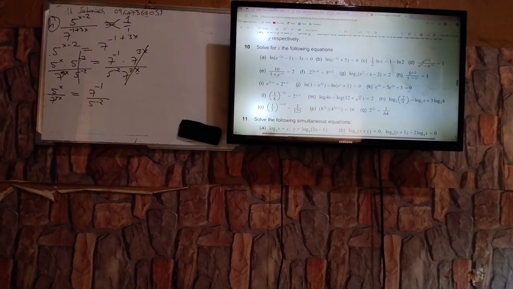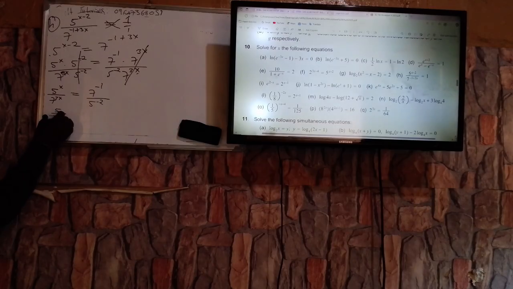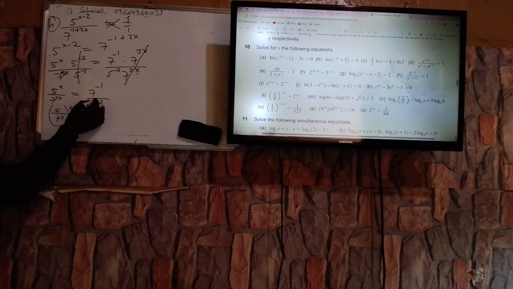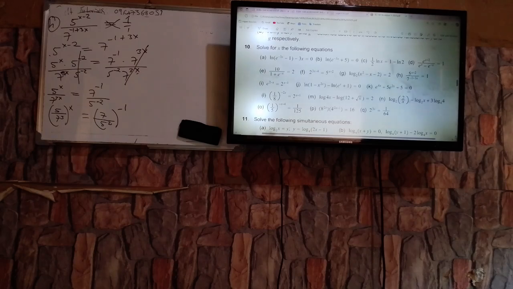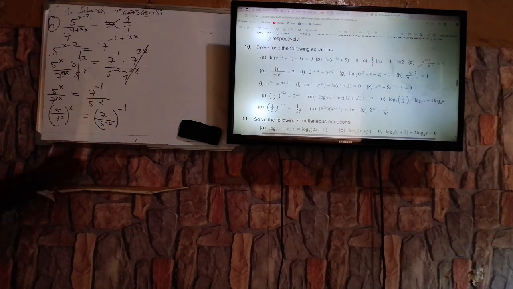We're okay? So that we can have 5 over 7 power 3, all to the power x, is equal to, the negative is common, it's the same as saying 7 over 5 squared, power negative 1. We okay? These are just basically rules of exponents. I've just factored out my negative 1.